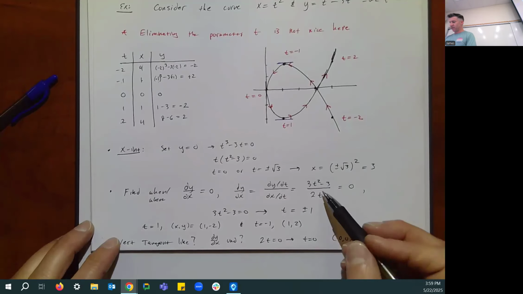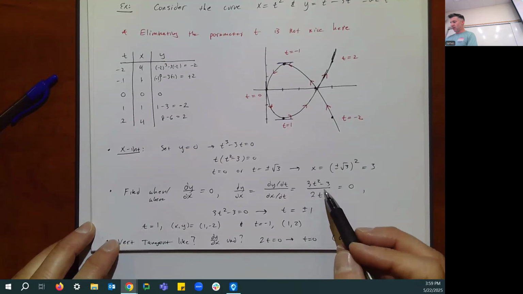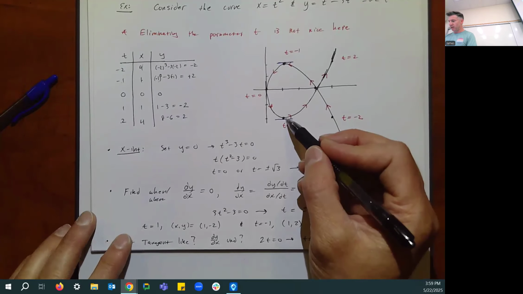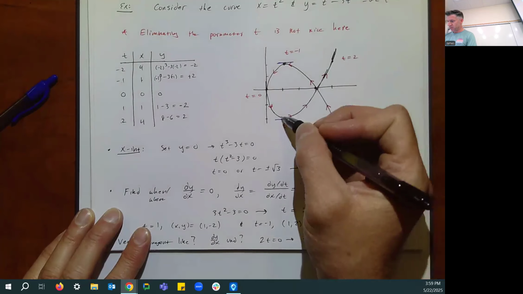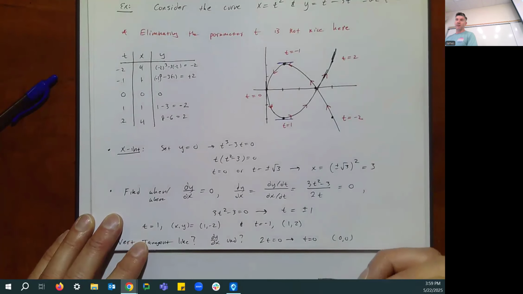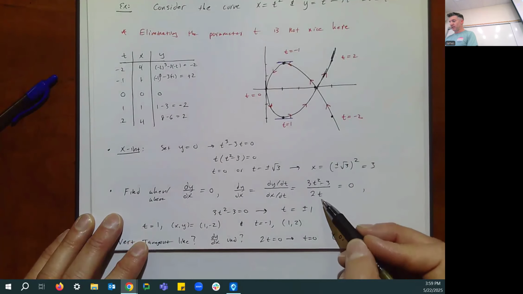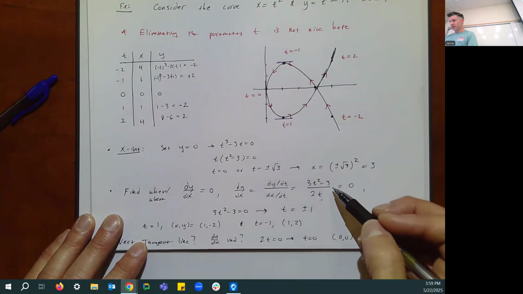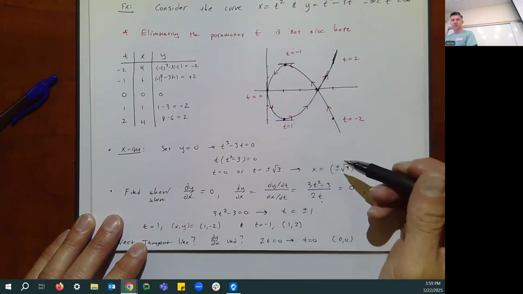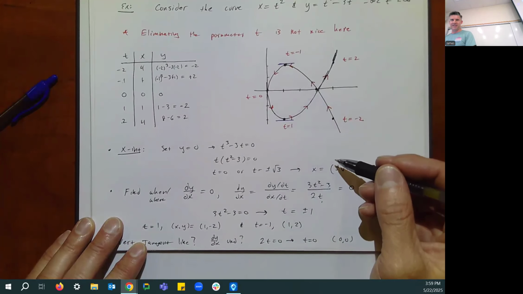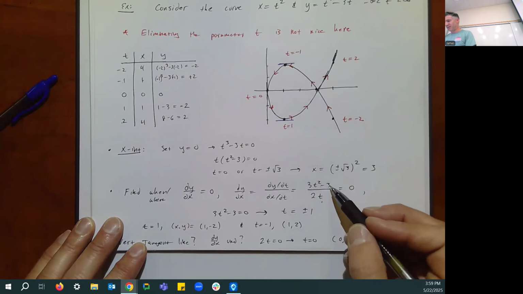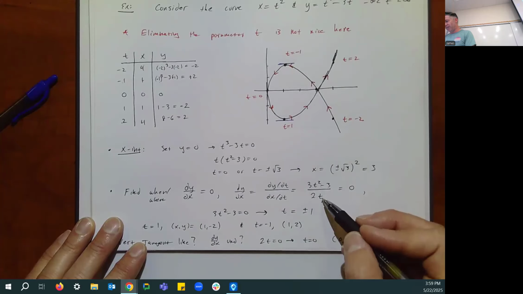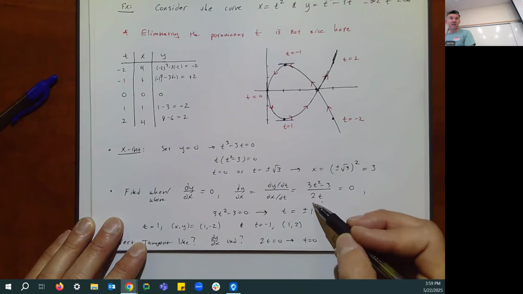Because if t is bigger than 1, the top is positive, the bottom is positive, so it's certainly increasing. If t is between 0 and 1, the top is negative, the bottom is positive, so it's decreasing. If t is between -1 and 0, is it decreasing or increasing? Well, let's see. The top is negative, the bottom is negative, so it's increasing.